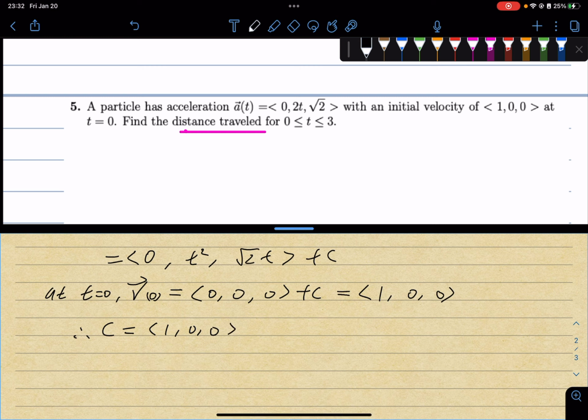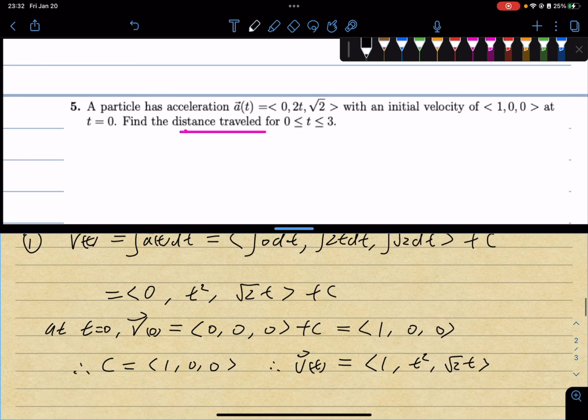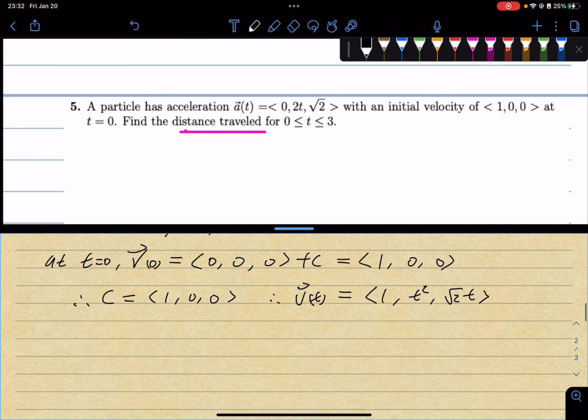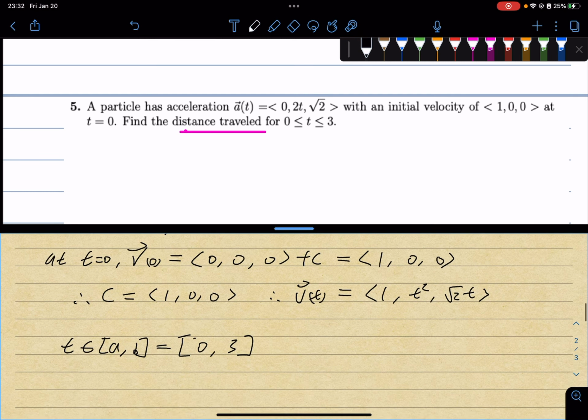Therefore, v of t is 1, t squared, and root 2 times t. So that's the velocity equation. We also need to identify that t belongs to [a, b] equals [0, 3].